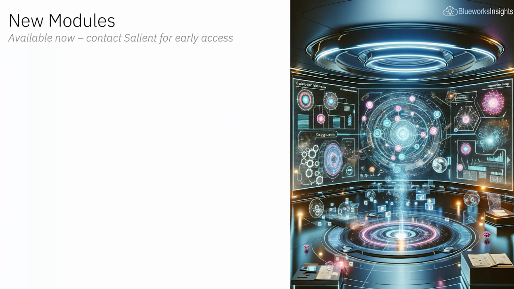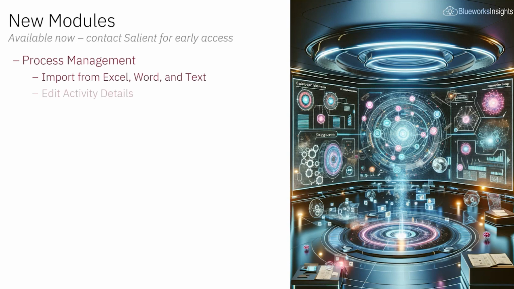So the Innovation Studio that we presented in the last episode of the series, that's been taking some of the priorities on the development, but we are now introducing some of these new exciting features as well. So some of these include things like utilizing that new API that was released last month to be able to import an Excel file, a Word document, a text document, and automatically turn that into a BPMN diagram.